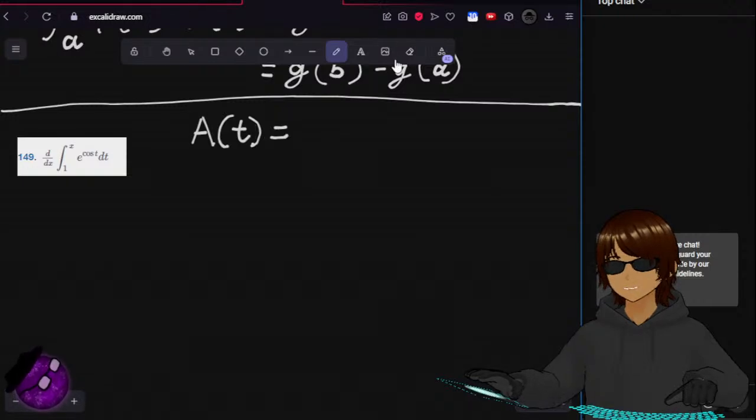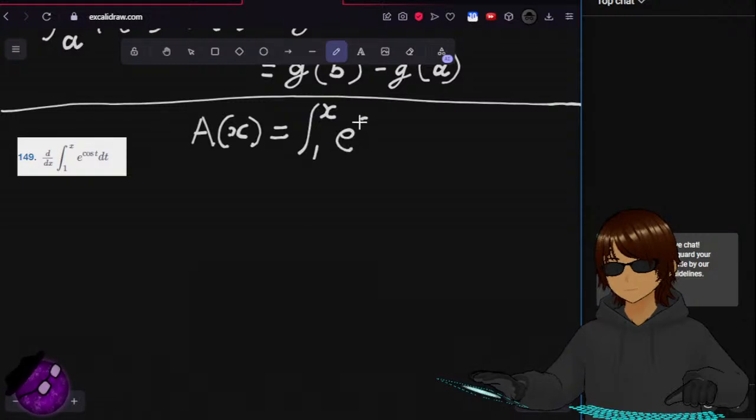Let's use x. The integral of e to the power of cos t dt.